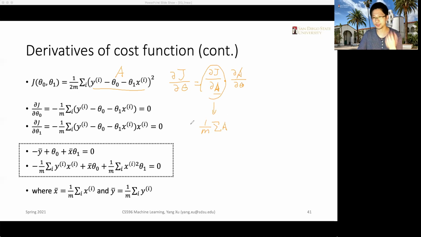The A will not come out. And this one on the right will give us, depending on theta 0 or theta 1, if it's theta 0, then it is -1.